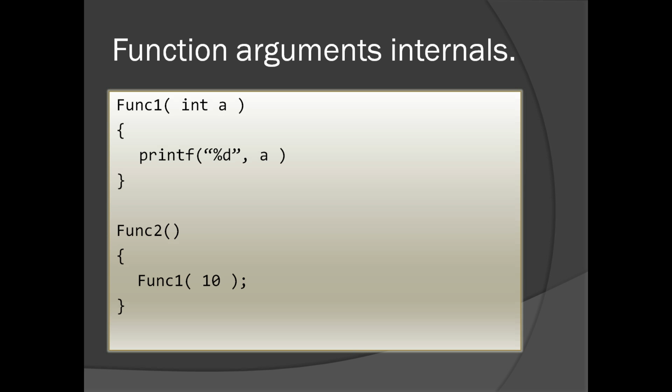Now let's try to understand what is happening behind the scenes when you call a function. We have a function called fun2, and we are calling fun1 from it. We are passing an argument 10. In this case, we have an argument here called a, and we are printing it here.